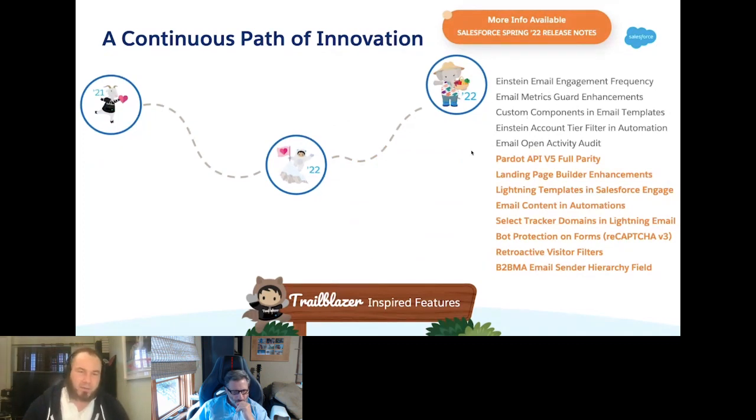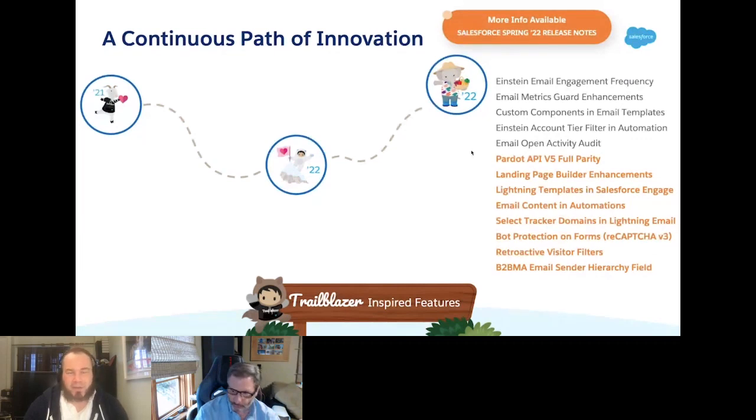Every single object that was queryable in the previous versions of the API is now available in the V5 API, in addition to a whole bunch of other assets that previously were not, such as landing pages and email templates.